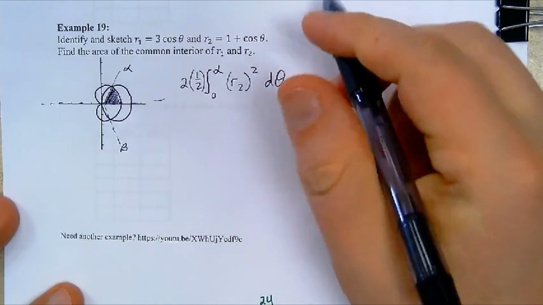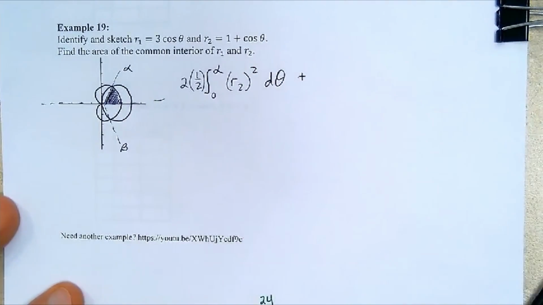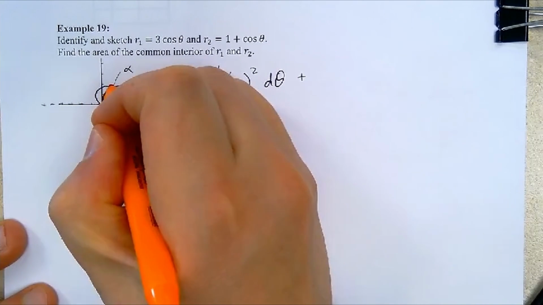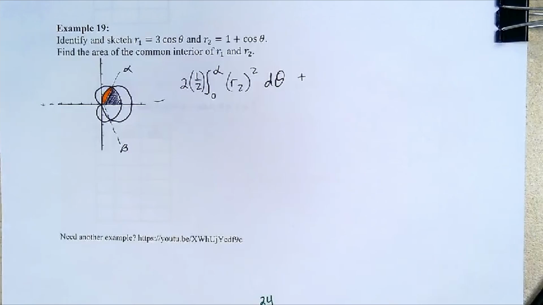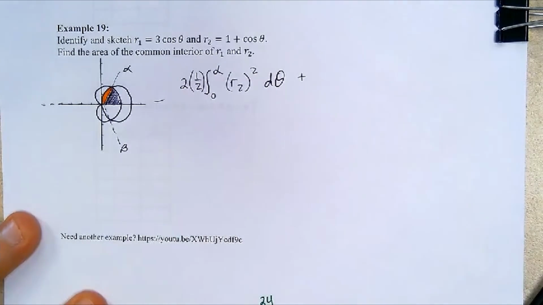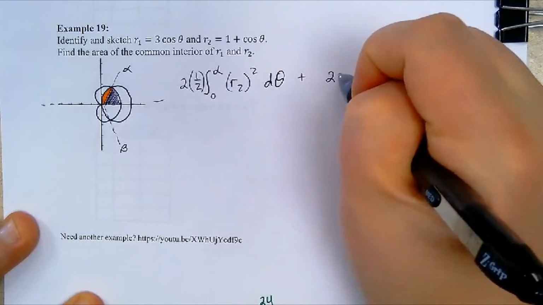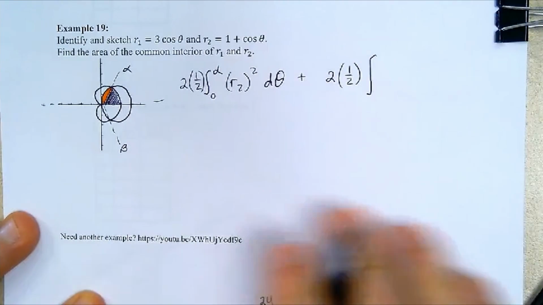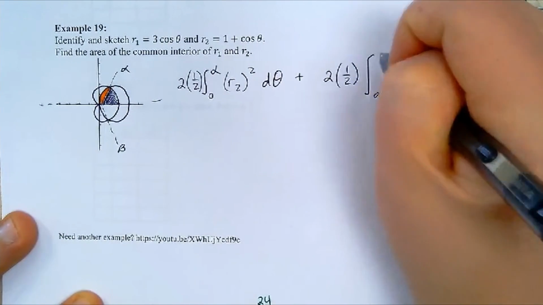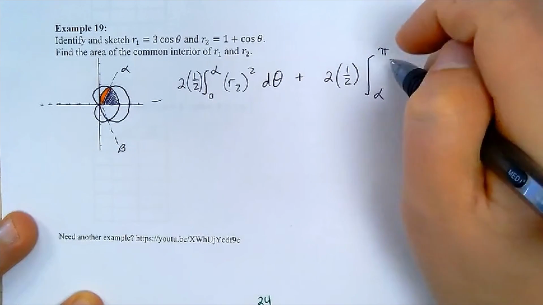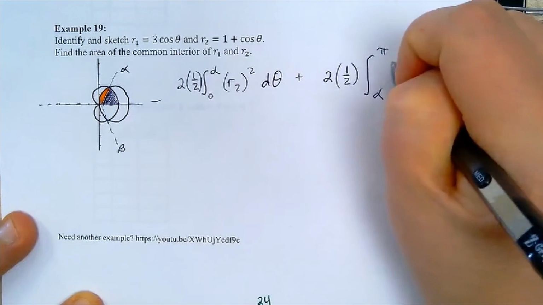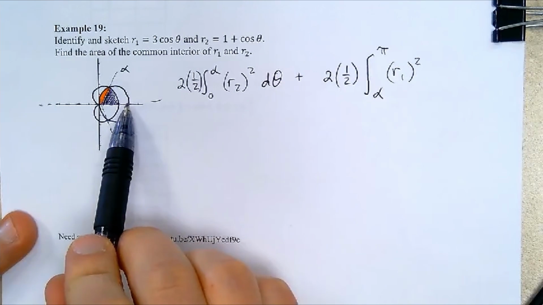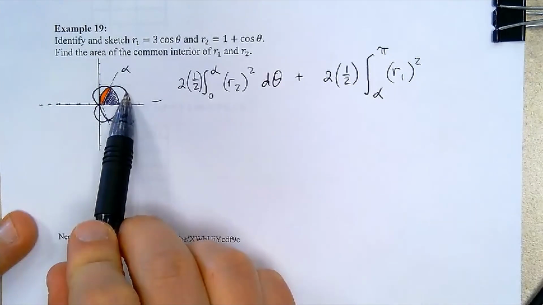And if I do the same thing for the sliver belonging to the circle, that sliver goes from alpha up to pi, because the circle starts here and it traces out, not to pi, sorry, to pi/2.